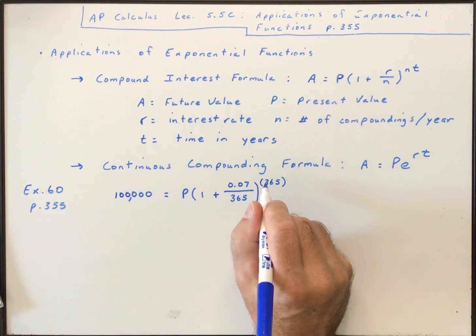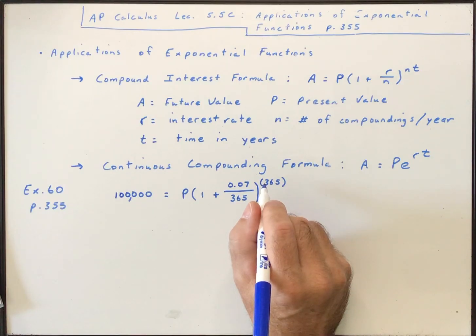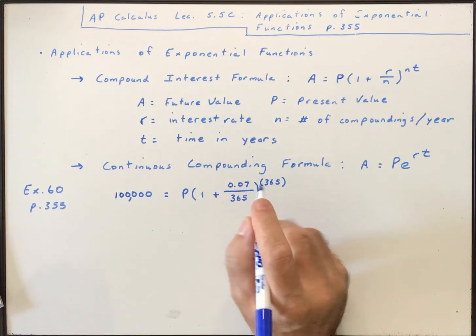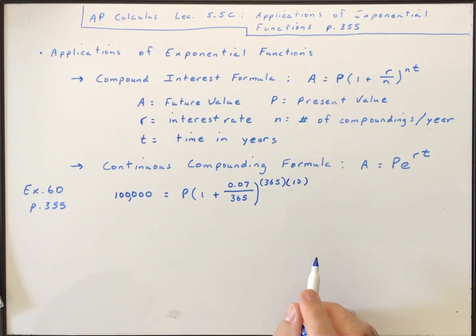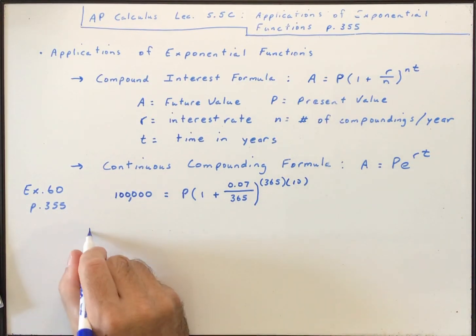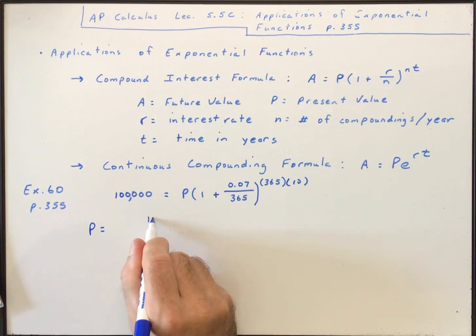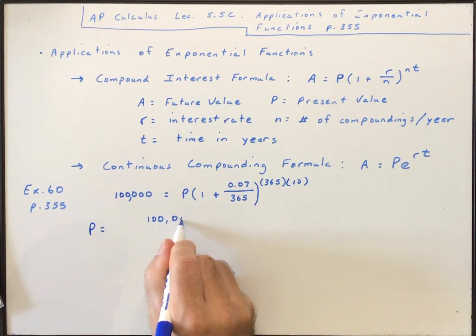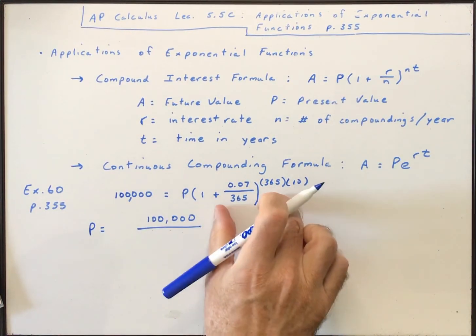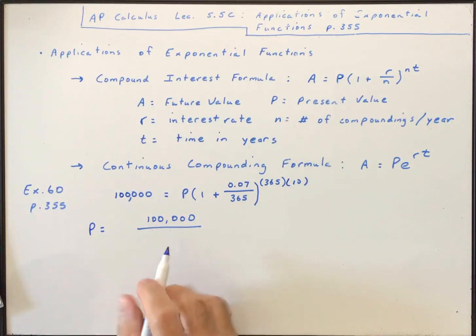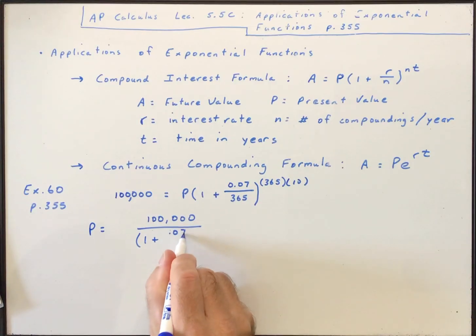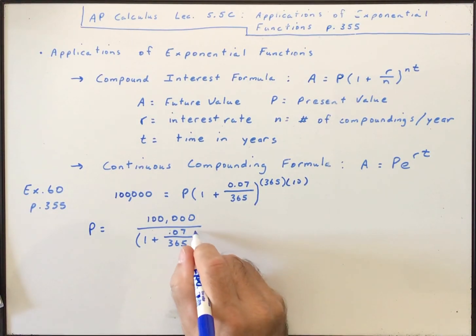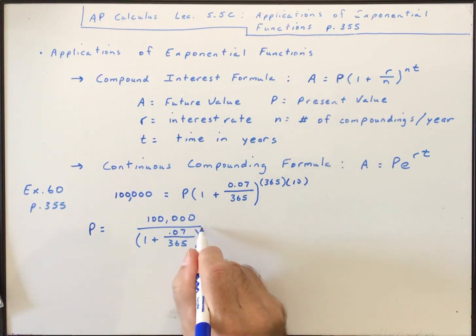So on this example, we're not going to fill out the whole table. We're just going to do 10 years. So P is going to be $100,000. Just doing the algebra here, I'm going to bring this entire thing underneath the 100,000. So that's going to be 1 plus 0.07 over 365 raised to 365 times 10, which would be 3650.